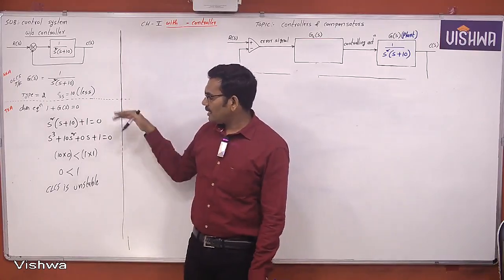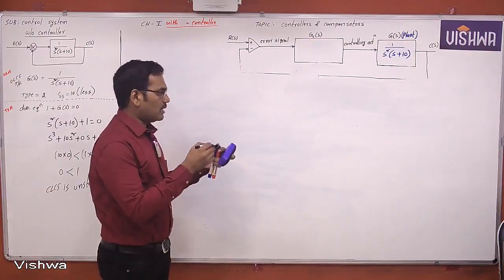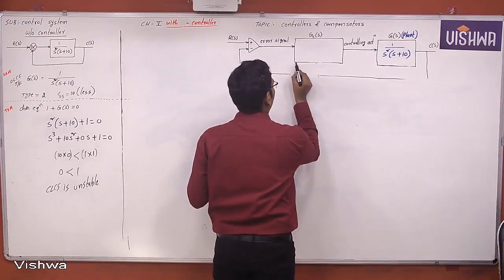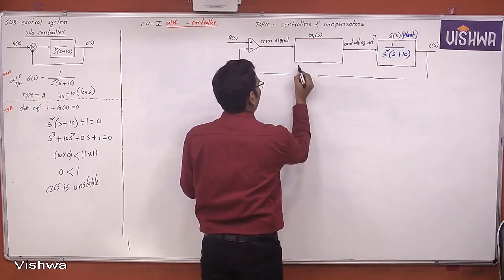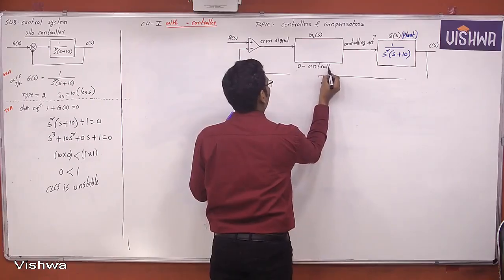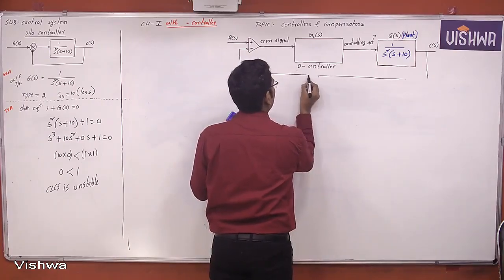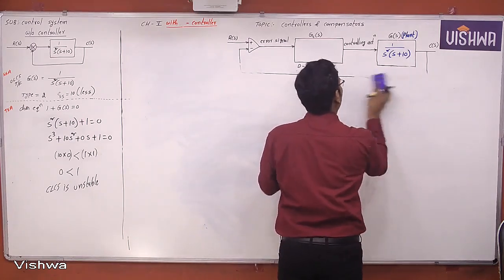Now such an unstable system needs to improve the desired characteristics. Therefore we need to take some controller's help. Now I will take the help of the D controller. D controller means a derivative controller.